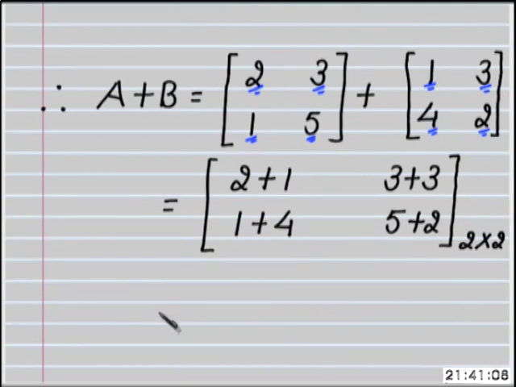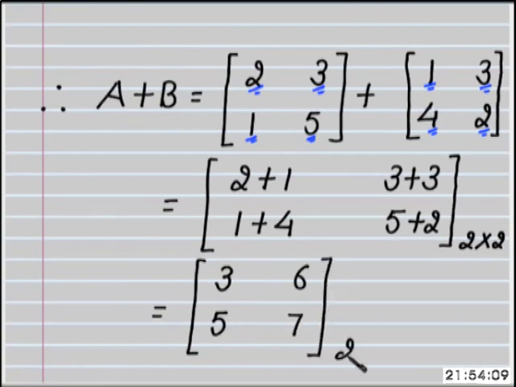Now on solving, it is further equal to matrix with first row elements as 3 and 6, second row elements as 5 and 7, which is a square matrix of order 2.